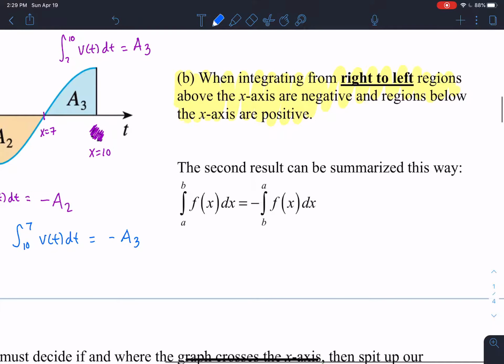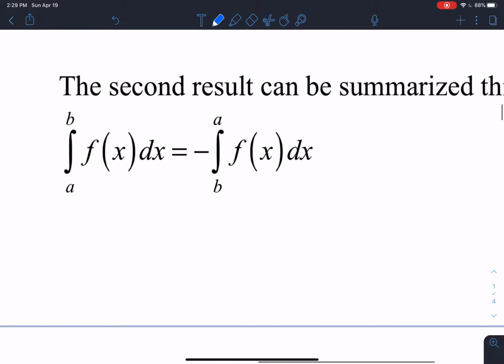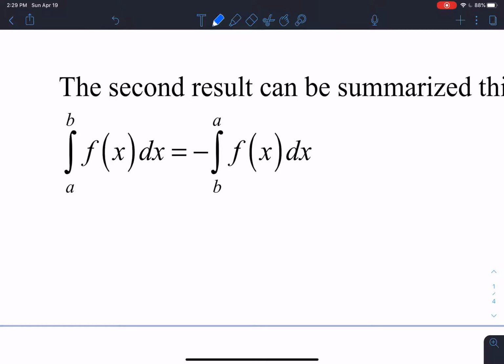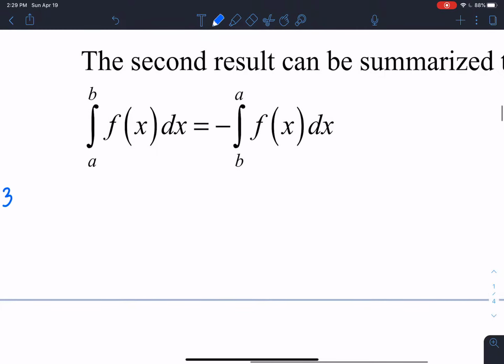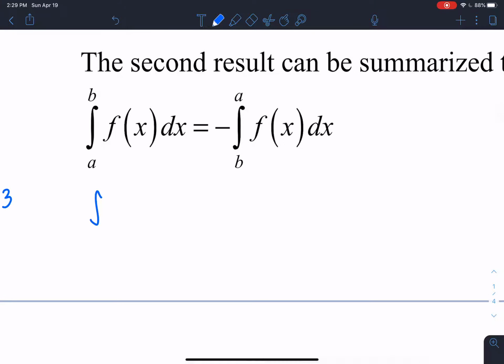The rule you can use is this one here. If you're doing the integral from a to b of f of x dx, you can switch the limits, making b the bottom and a the top. The only thing you have to do is put a negative in front. So from looking at the picture, we know that from 1 to 4 it's positive A1.